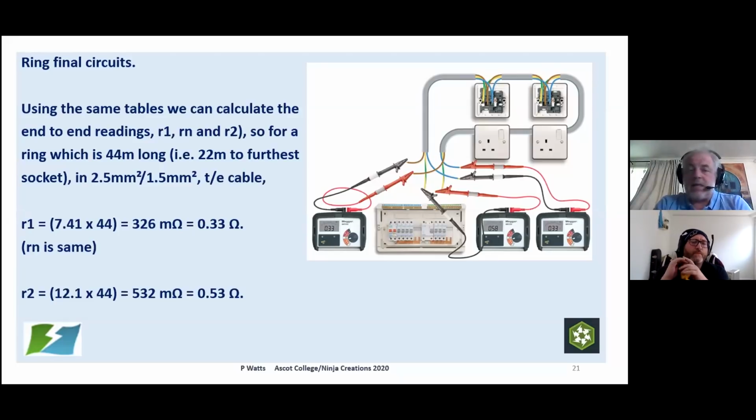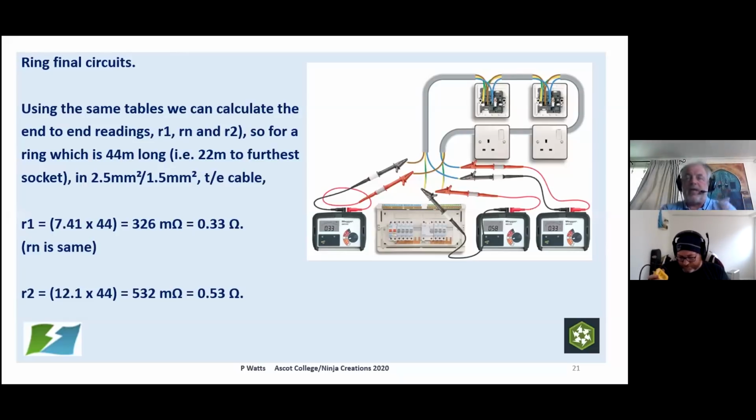Rn, exactly the same size conductor, so exactly the same value, so again we're looking for 0.33. Little r2, we're going to use a 1.5 CPC. The value from table B1 is 12.1 milliohms per meter for that cable. We multiply that by 44 and come up with a value of 532 milliohms. So let's call it 0.53.